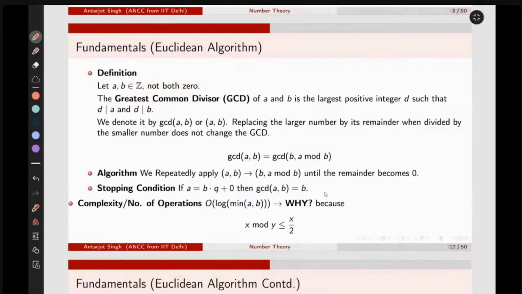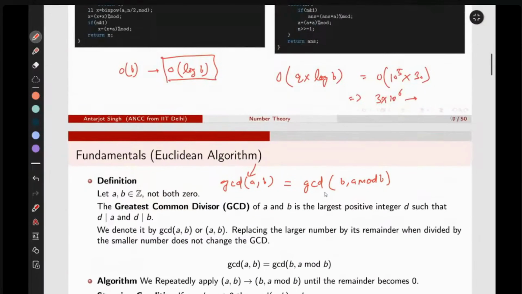So GCD has a very peculiar property, which is GCD of A, B. This is a notation used for GCD basically, or sometimes people use it like this, but we are going to use it like this. GCD of A, B is equal to GCD of B, A mod B. So why is this thing true?